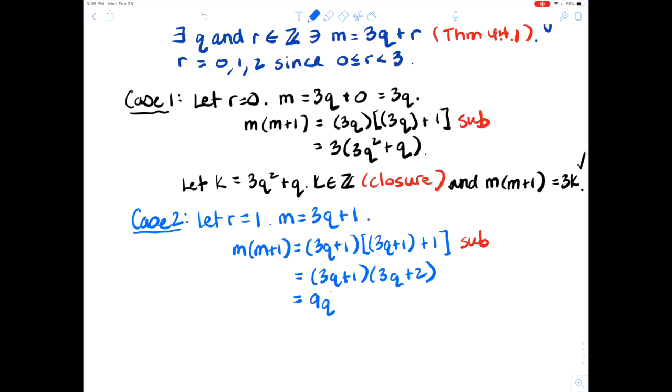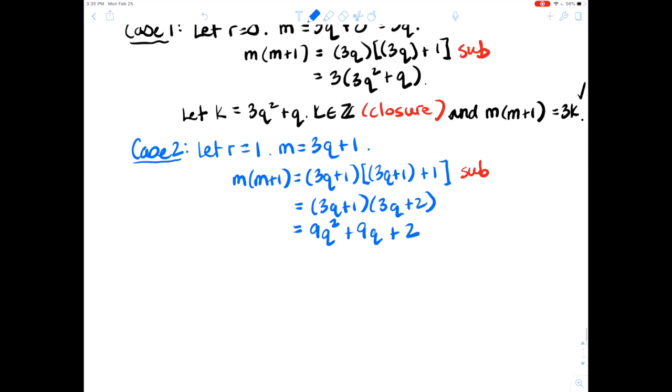So we'll get 9q squared, and then plus 9q's plus 2. And remember, we want that divisor of 3. So I'm going to factor out a 3 from the first two terms, and then we'll be left with 3q squared plus 3q, and then we have a plus 2 hanging out.